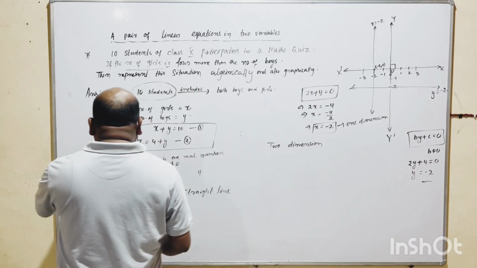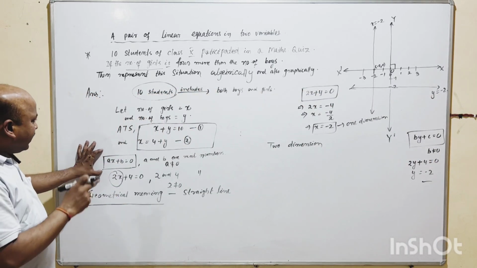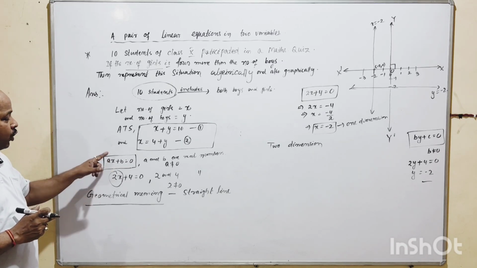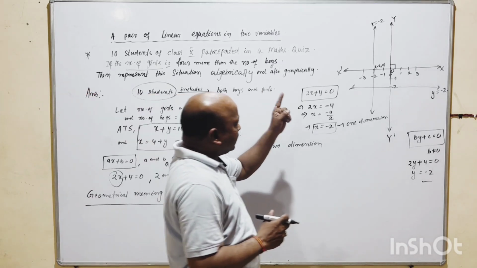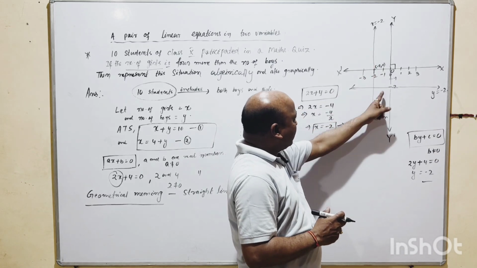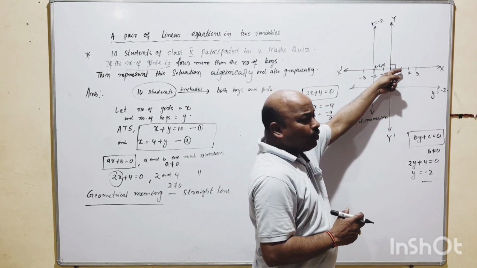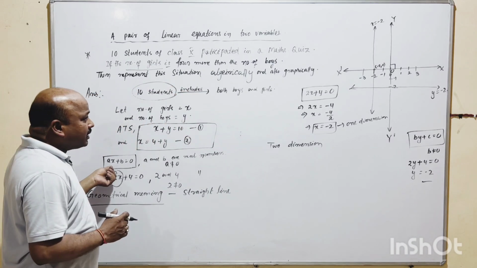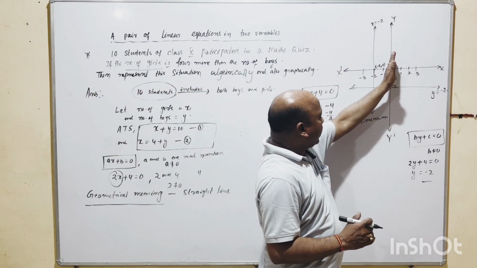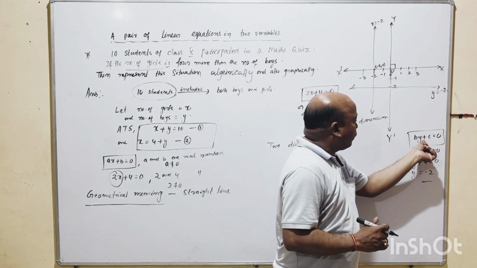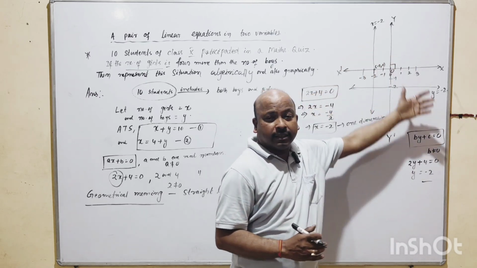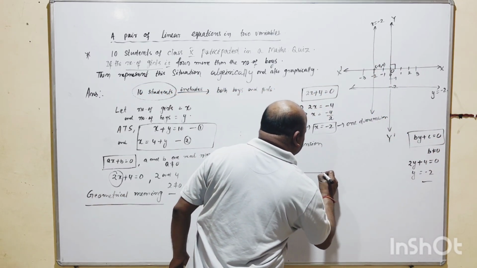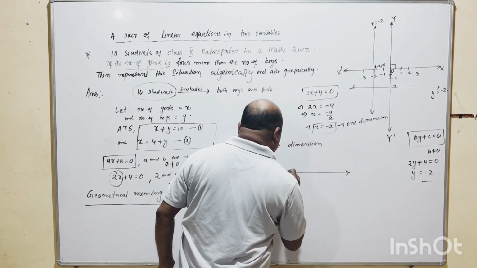So from this we conclude that a linear equation in one variable is always a straight line, either parallel to the x-axis or the y-axis. That is, if the variable is x, then it is parallel to the y-axis. If the variable is y, it is parallel to the x-axis.